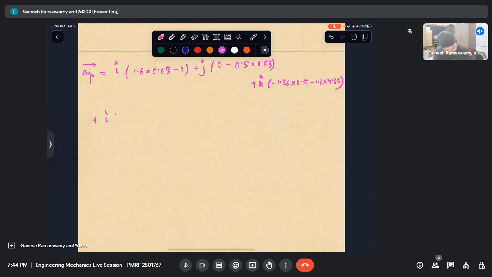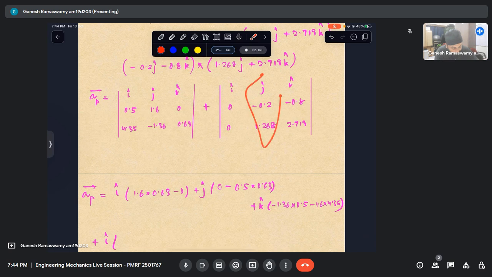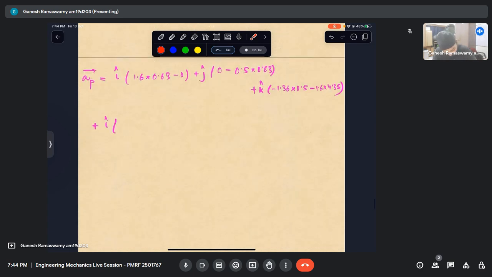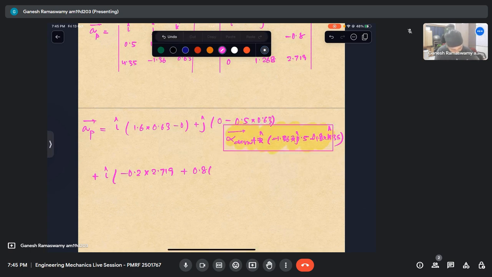Here I am able to see that j and k will be 0 because this has 0. When we consider j, it will be 0 into 0 minus 0, similarly for k cap 0 minus 0, fortunately. So for i, it will be just the cross multiplication of these two quantities: minus 0.2 into 2.719 plus 0.8 into 1.268.